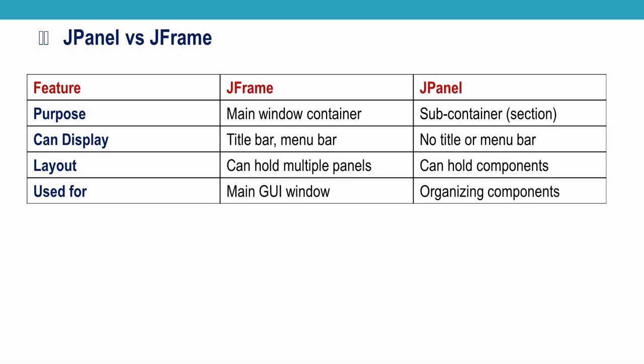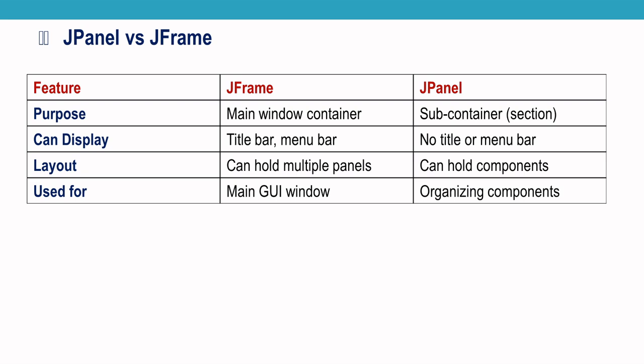Now let's discuss the difference between JPanel and JFrame. The purpose of JFrame is to be a main window or top level container, and JPanel is a sub container or sub window. JFrame can display a title bar and menu bar, and JPanel can't display a title or menu bar.